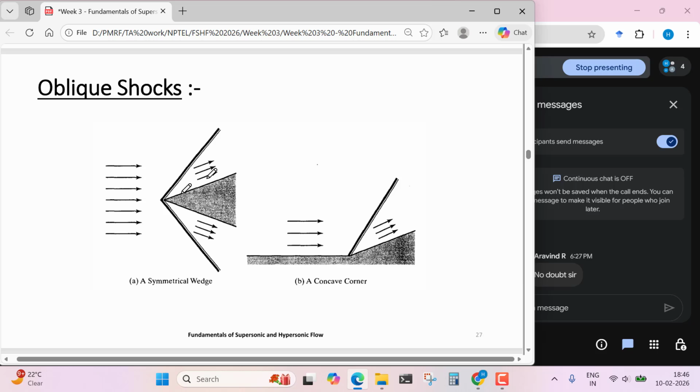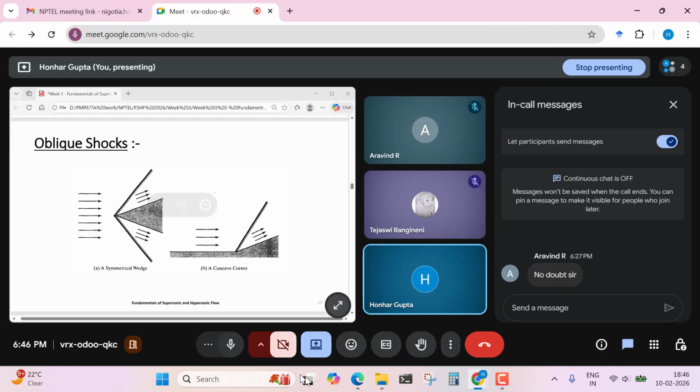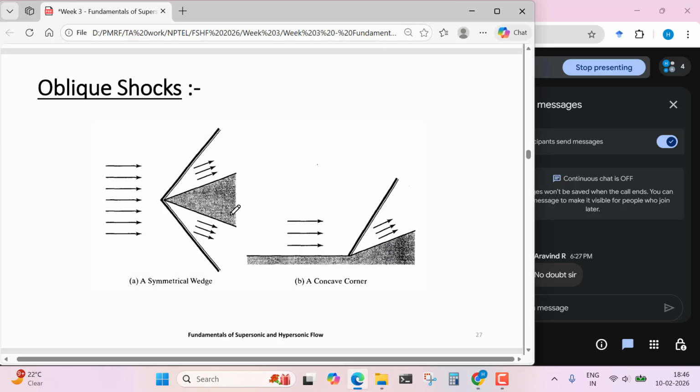Oblique shocks are generated when flow is moving over a wedge, or through a concave corner. It happens when flow is turning towards itself. So let's say flow is moving like this and it is turning towards itself, then an oblique shock will form, and only when this flow is supersonic, Mach number greater than 1.